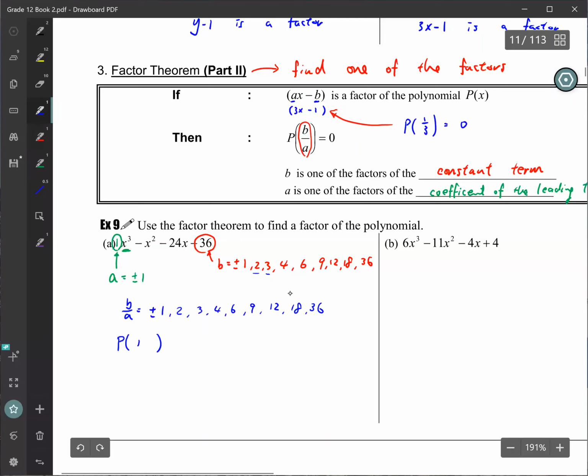Okay, and then we will sub it in. P of 12. You want to see if it equals 0. The remainder has to be 0 to be a factor. So plug it in. Do you think it will become 0?